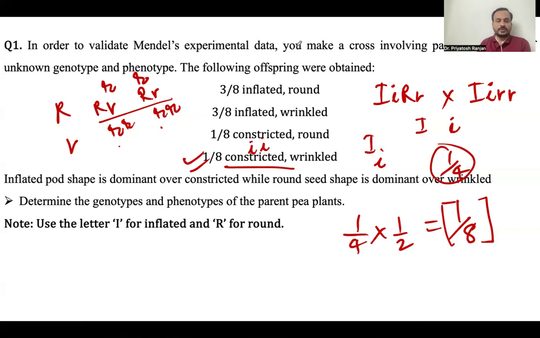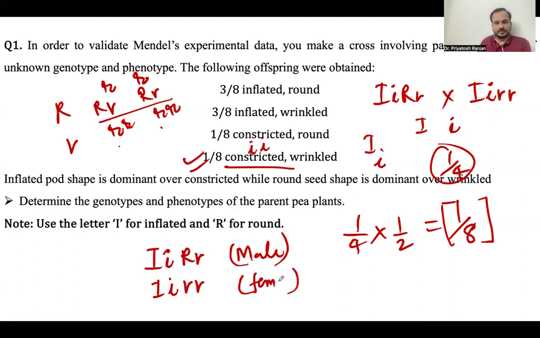Now what you need to think about is at what point you need to keep the genotype in a homozygous condition or in a heterozygous condition. Even if you are randomly putting any of these genotypes, you need to confirm those by making a cross. So coming back to the answer of this question, the parental genotype is capital I, capital R, small r for one parent, maybe the male pea plant, and the female pea plant is going to be capital I, small i, and small r, or even vice versa.